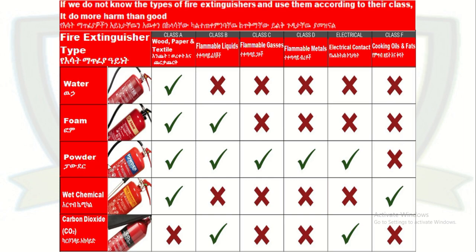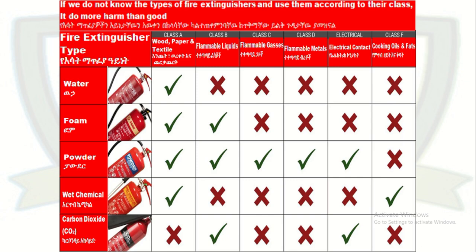The other type is powder. This powder is very important. As you can see here, this is the best one because it is useful for at least four or five types: class A, class B, class C, class D, and electrical. Under class A, this powder is used for wood, paper, and textile.